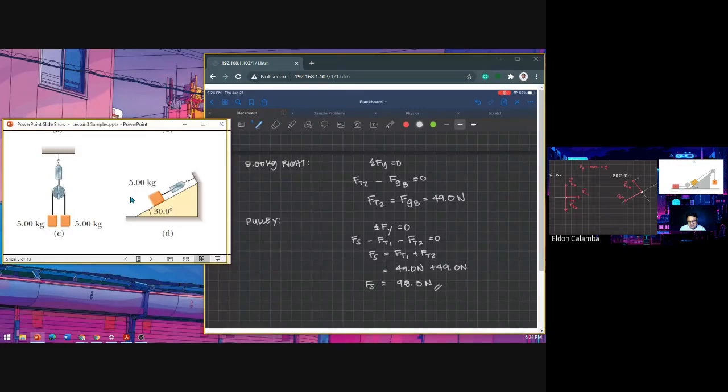Kasi baka sabihin nyo kaagad na ang reading dyan is still 49 newtons. Well, it is not 49 newtons anymore because nasa ramp na siya. There's an additional support. Okay?